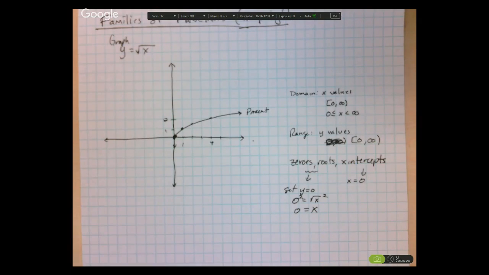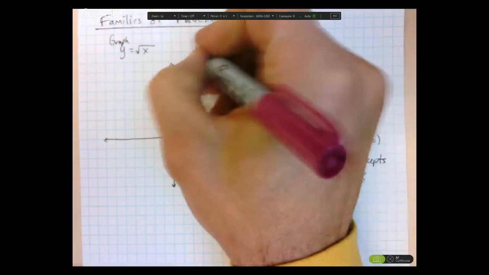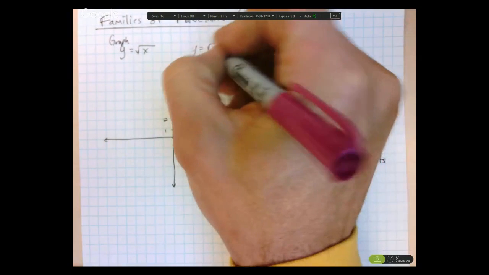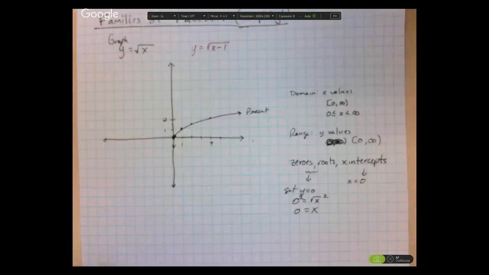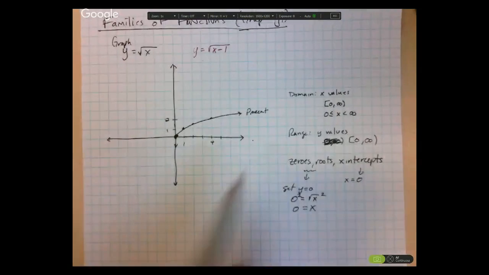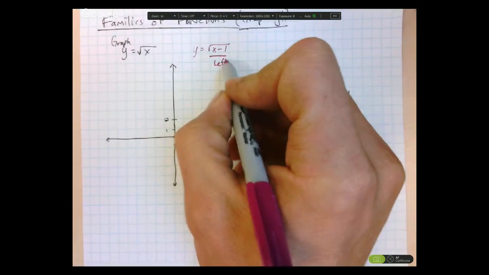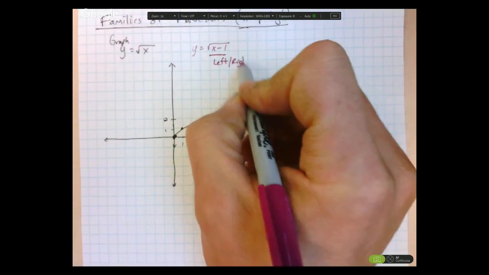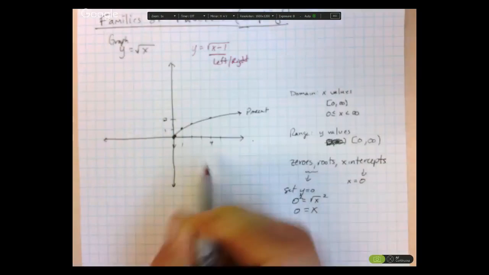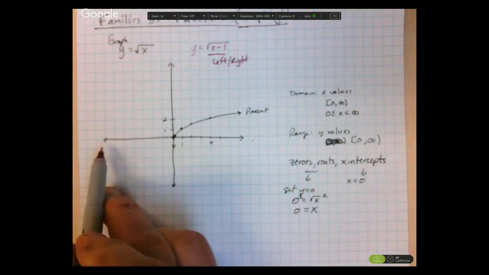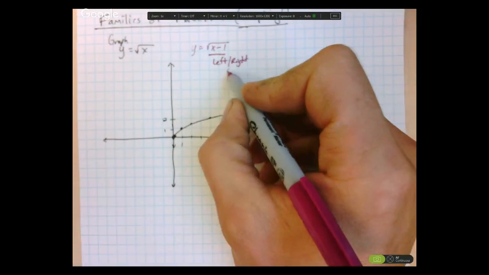All right, let's talk about children. What if I asked you to graph y equals the square root of x minus 1? Okay. Remember, if something is paired with the x's, it's going to move along the x-axis. Also remember, we're in opposite land.